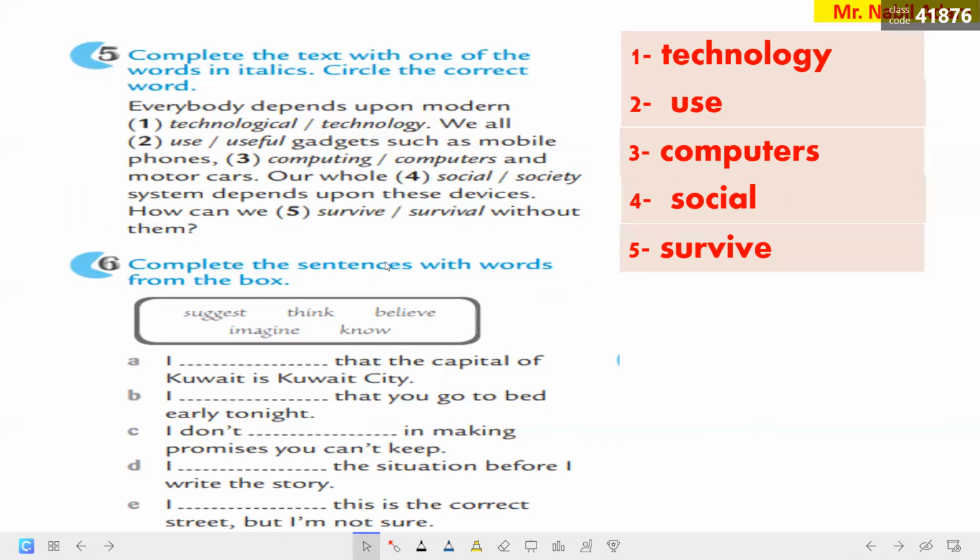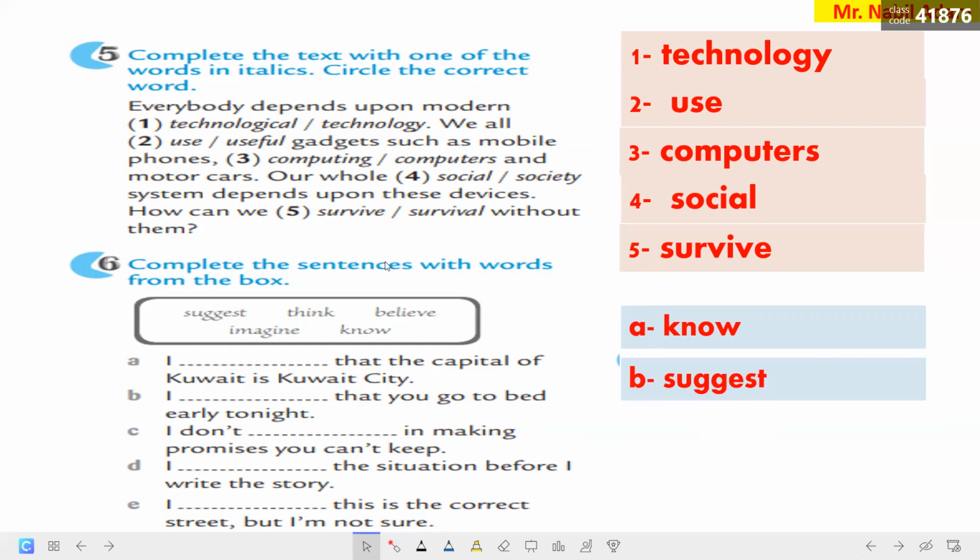Now, exercise number 6. Complete the sentence with words from the box. You have here verbs: suggest, think, believe, imagine, know. A. That the capital of Kuwait is Kuwait City. I know. That you go to bed early tonight.